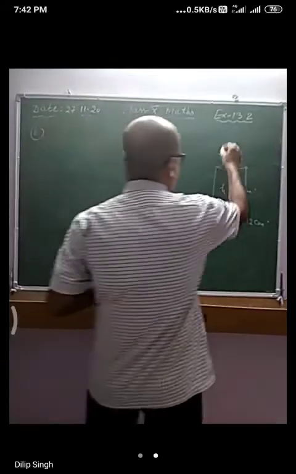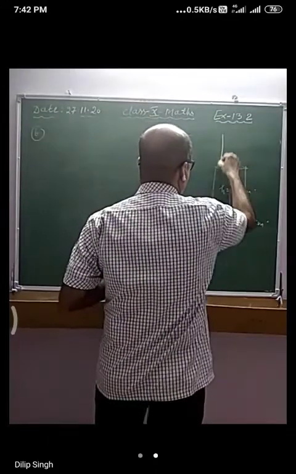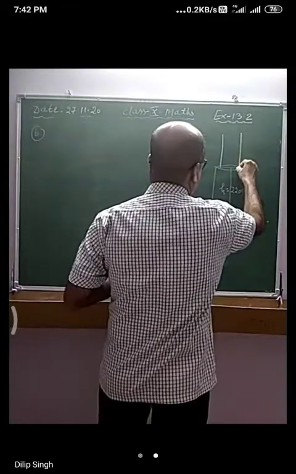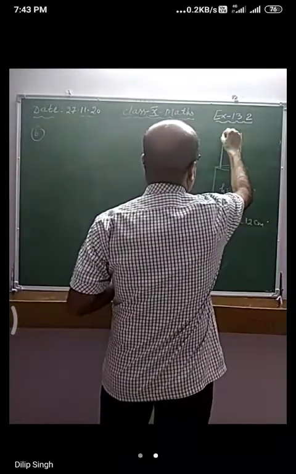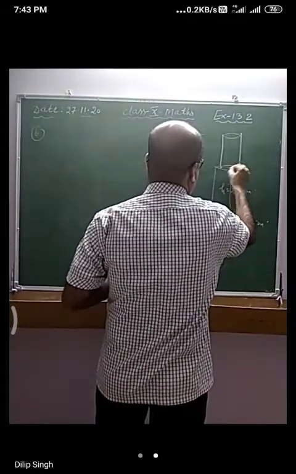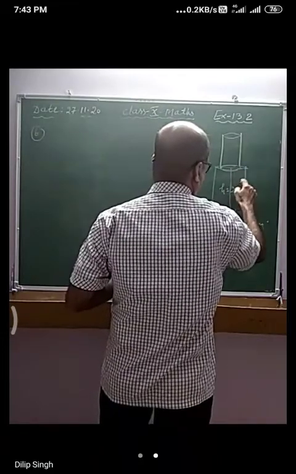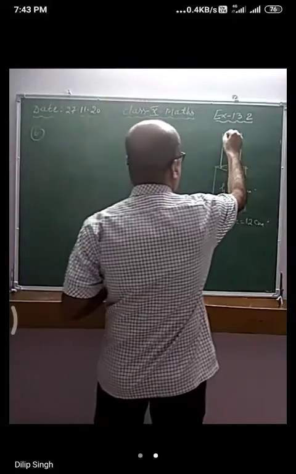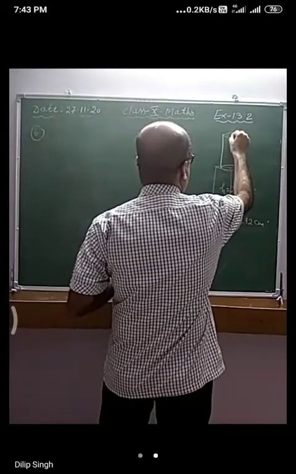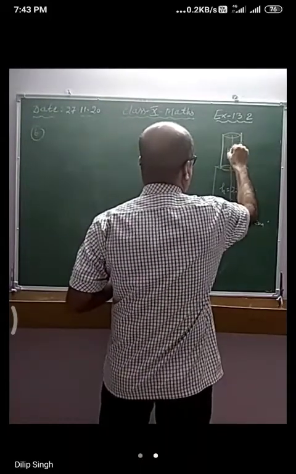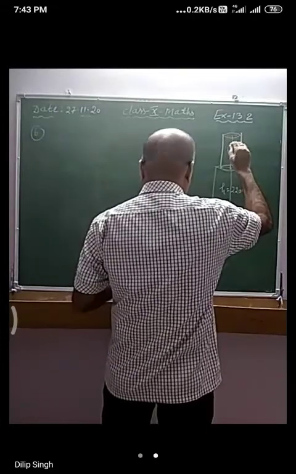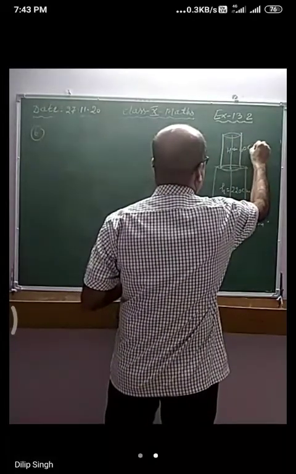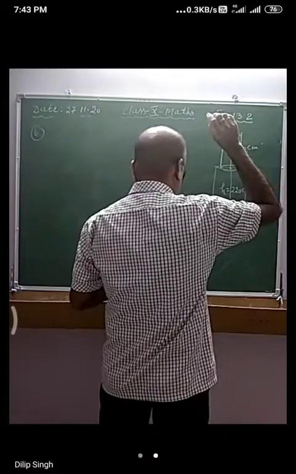इसके ऊपर एक cylinder और है. Right? It is having one more cylinder surmounted over this cylinder. Given that the height of this cylinder is 60 centimeter and its radius is 8 centimeter.